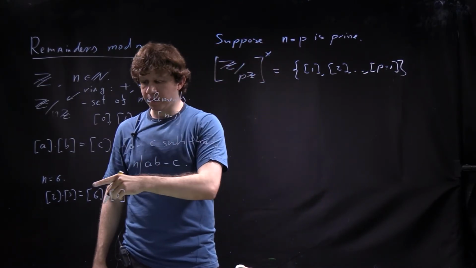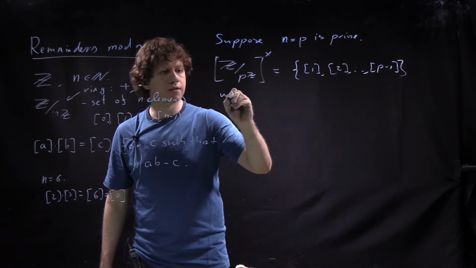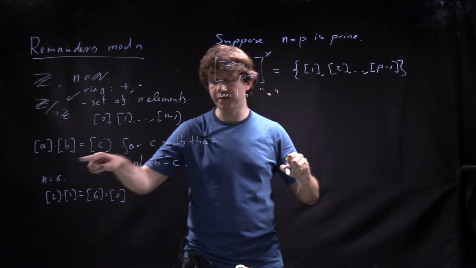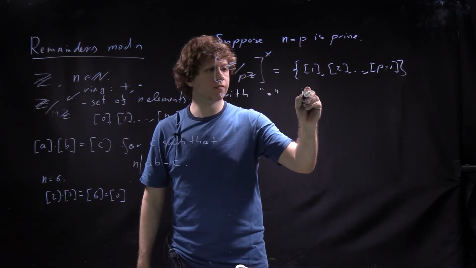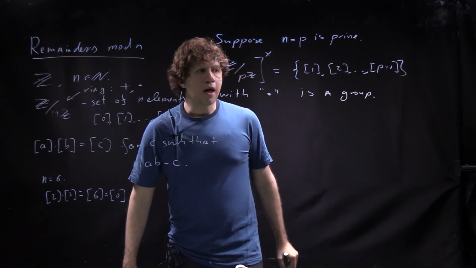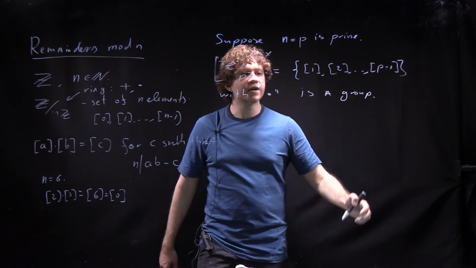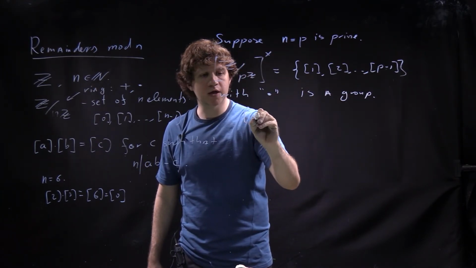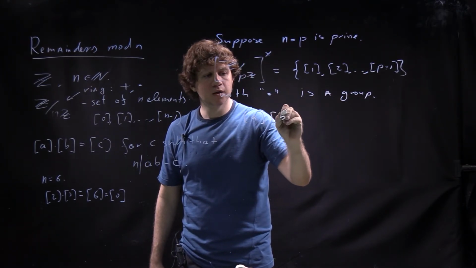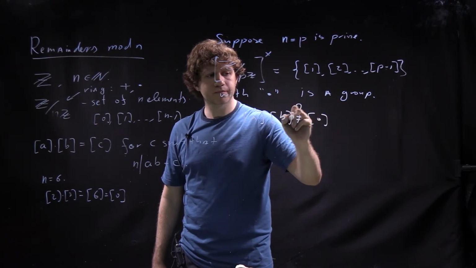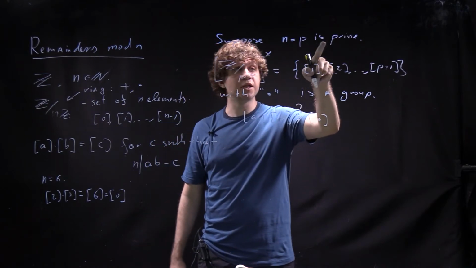And the operation will be multiplication. With this operation, multiplication defined before, it is a group. A priori, it's not even obvious that this operation is well defined, because what happens when you multiply a times b? Why is it not equal to 0? But the reason is actually because p is prime.